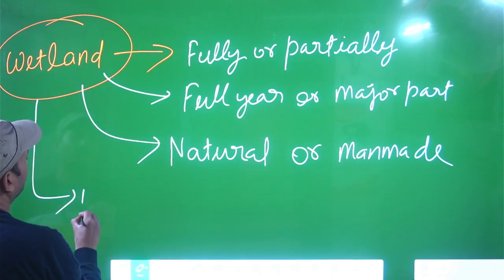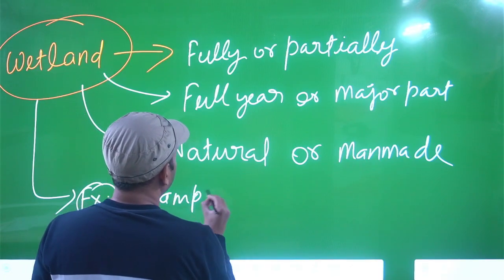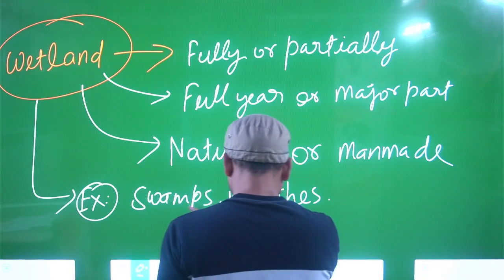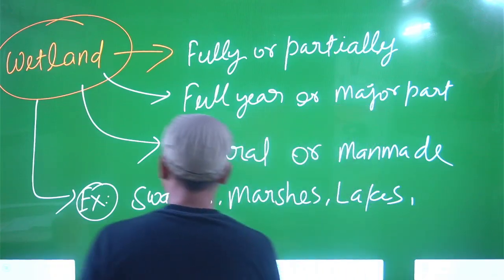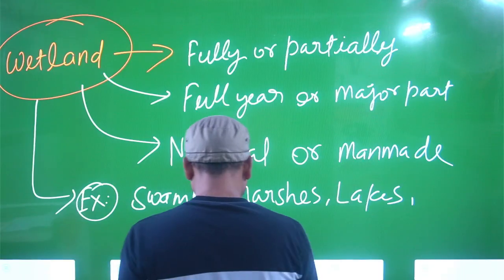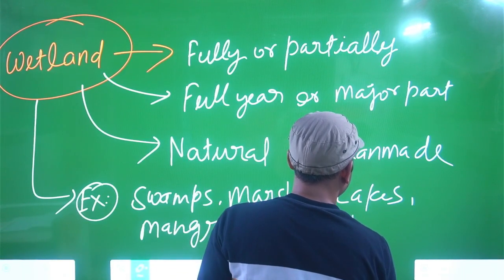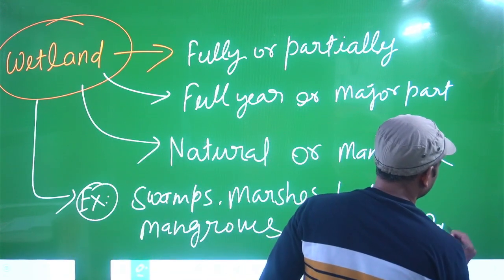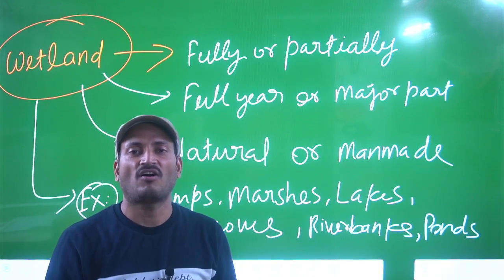Some of the most popular examples of wetlands could be swamps, marshes, mangroves, lakes, river banks, ponds, paddy fields, etc.